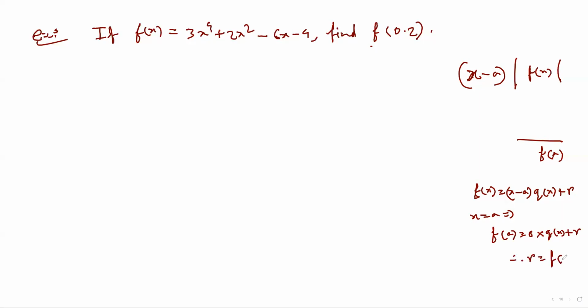So the remainder is just f of a. So f of 0.2 should be something that comes out as a remainder when you divide by x minus 0.2.